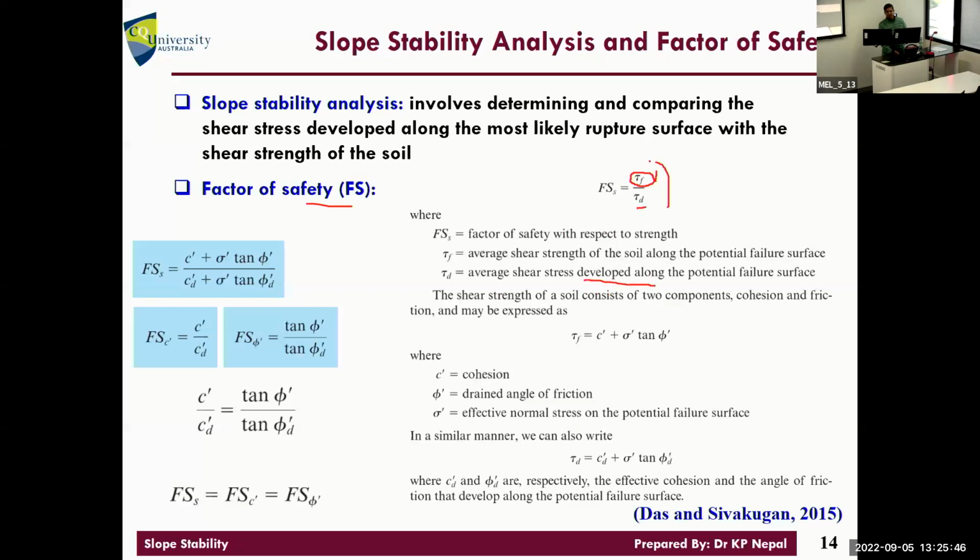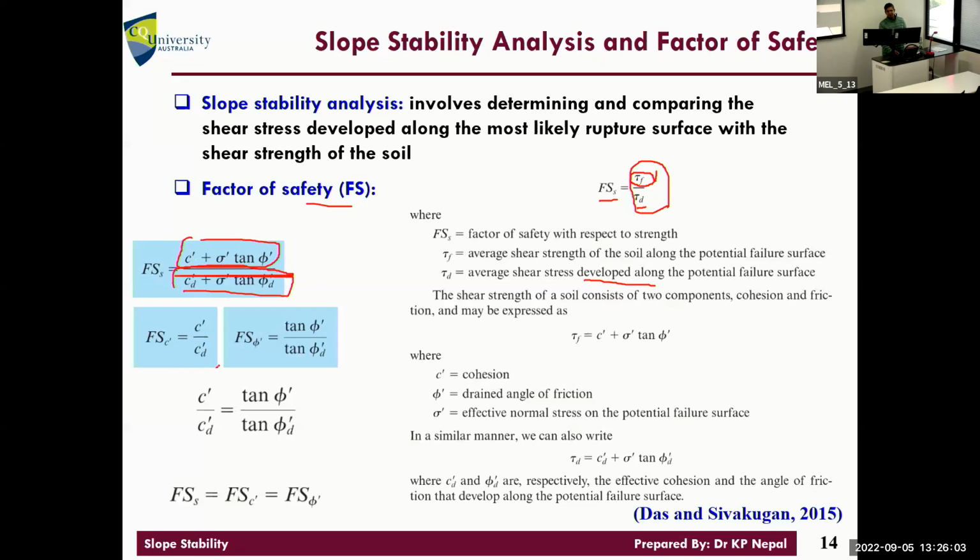If you take the ratio between them, this is the factor of safety. Good? Of course, shear strength of soil is c plus sigma tan phi. If you take the ratio with the developed one, then you get the factor of safety.